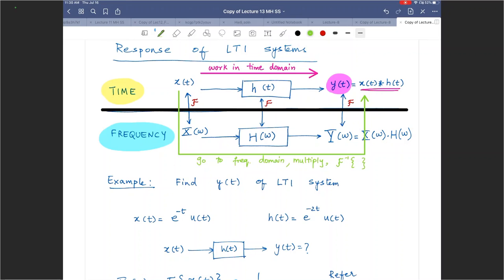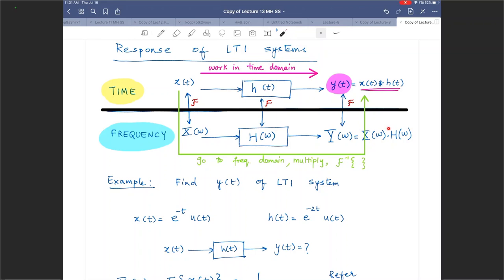So let me describe the second option a little bit more in detail. Go to the frequency domain. So that's step number 1. Finding the Fourier transform of x, finding the Fourier transform of h. Once you have the Fourier transforms of input and the impulse response, multiply them.